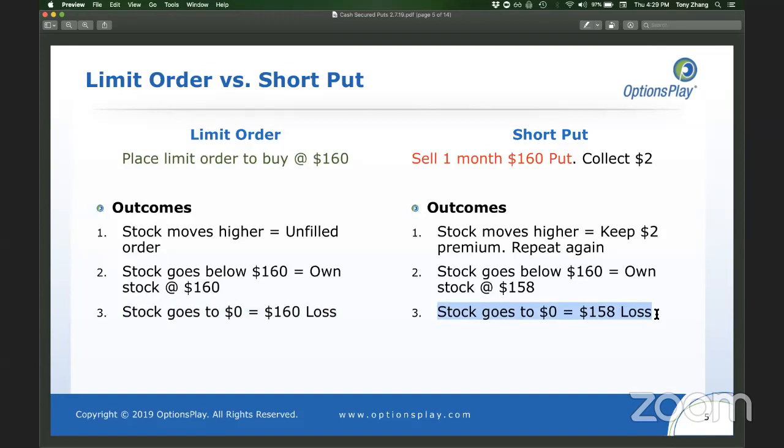So this is really where, when you make the comparison between buying the stock with a limit order versus buying the stock with a short put, you actually have less risk than if you outright bought the stock. And that's really the correct comparison to make when you're talking about risk. The short put is not something you should compare to outright buying a call or a put, because it's just simply not the right comparison to make.